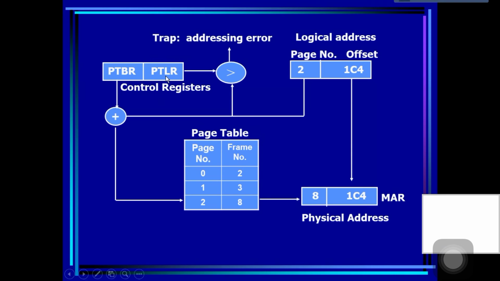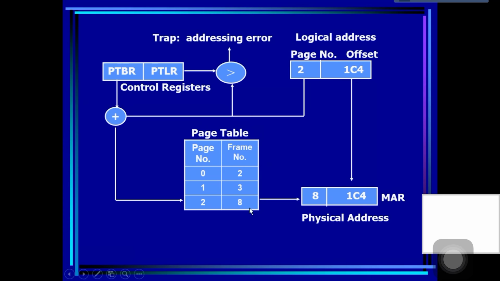The contents for these two registers are stored in the PCB of each process. So every time during context switch, the operating system will reload these two special registers.